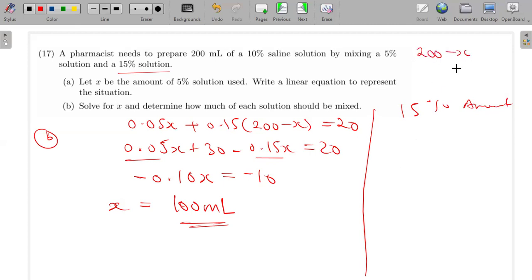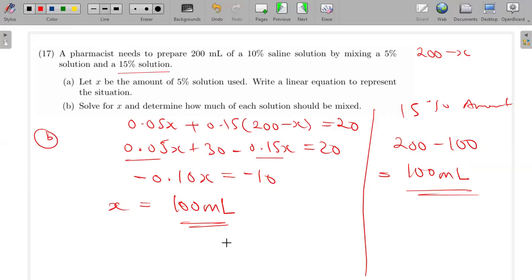If we remove the x part, which is the 5%, we have 200 minus x, but we found x is 100. When we subtract, this gives us 100 milliliters. So this is the other amount. So each used 100 milliliters of that solution.